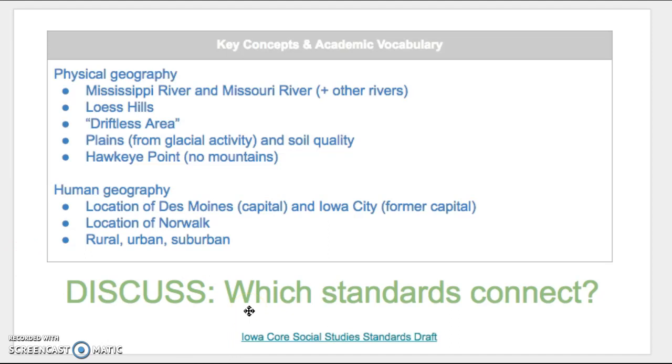So I want you to take a look at social studies, ELA, and math at least, and find which standards in kindergarten may connect to this compelling question and these concepts and academic vocabulary. So try to find at least 2 standards for each one of those and write those down. So I'll pause this here, you pause it here too, and take some time to figure out which standards connect in ELA, math, and social studies.